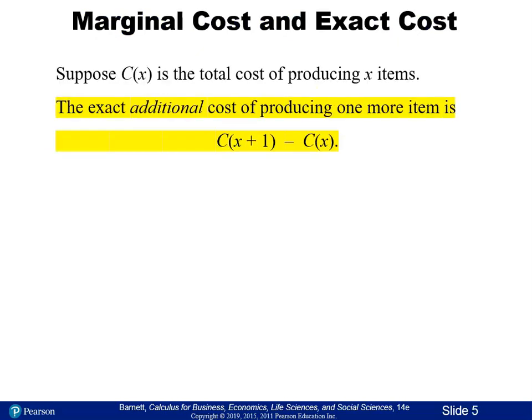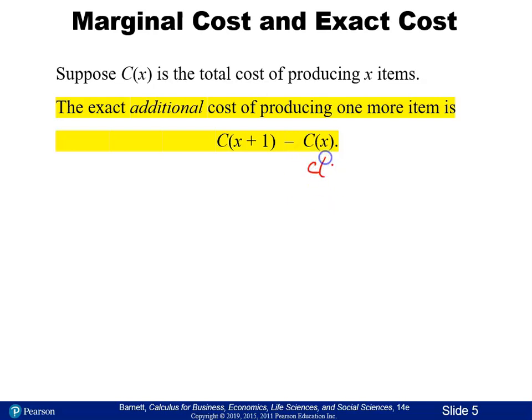Okay, so we want to compare marginal cost and exact cost. Suppose C of X is the total cost of producing X items. We want to find the exact additional cost of producing one more item. For instance, if I wanted to know the cost of producing the 10th item, if I'm already producing 9 items, that's what it's talking about.